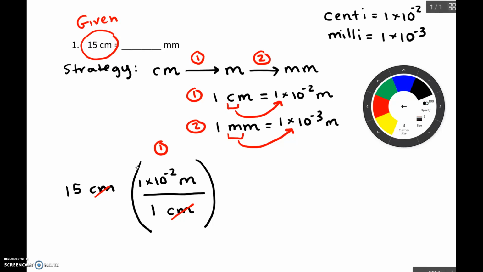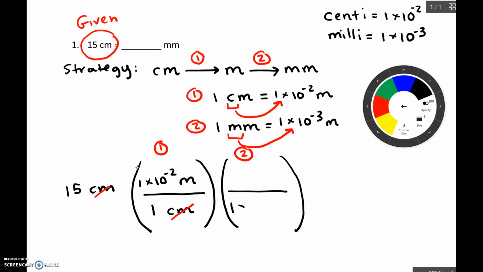I'm going to set up another conversion factor. I'm going to do these 2 steps right in a row. In the second step, I'm converting from meters to millimeters. I want to get rid of meters, so I'm looking at my second equivalence. I'm trying to figure out what goes on the bottom. I need to put units of meters on the bottom so it cancels.